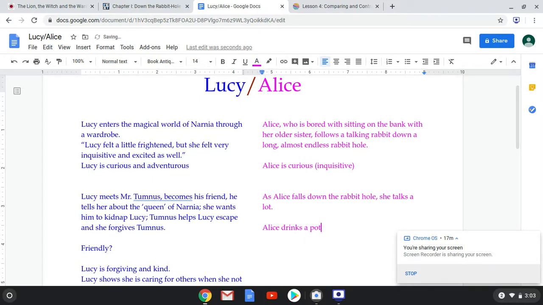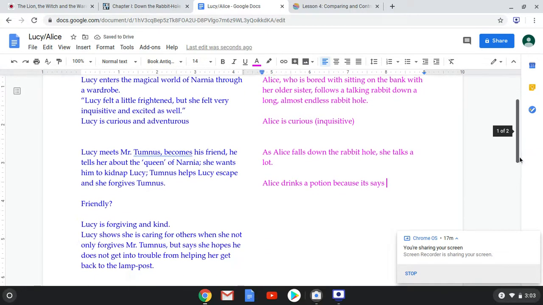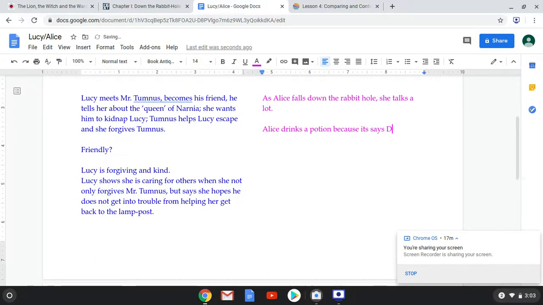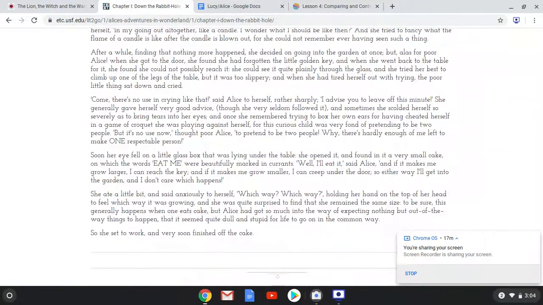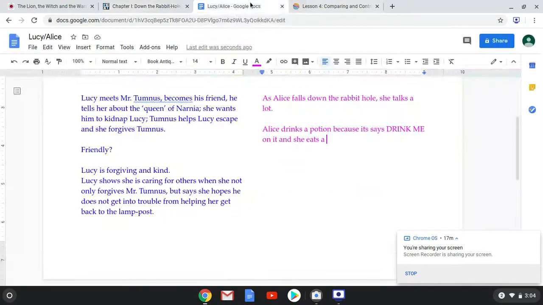Alice drinks a potion because it says, drink me. And she eats. Oh, what does she eat? Very small cake. That says, eat me.